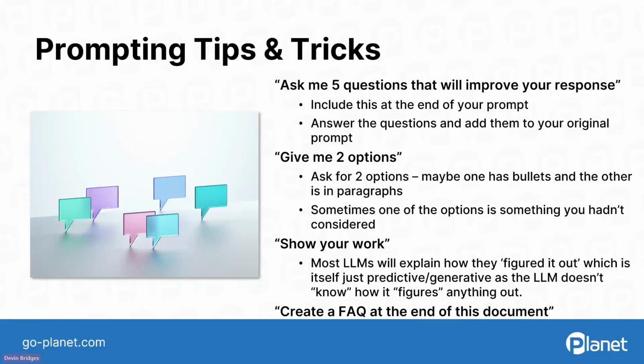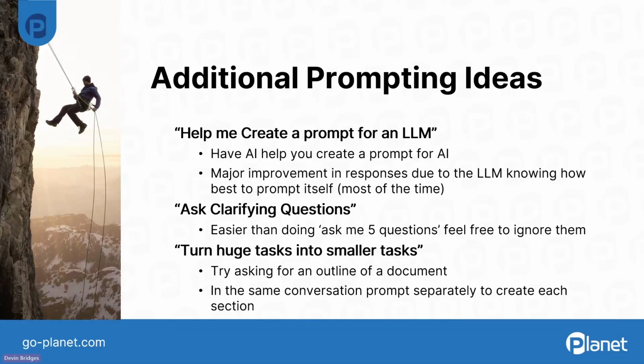Create a frequently asked questions at the end of this document. Do that too. Some other prompting ideas: you can use meta prompting to improve how you ask, like create a prompt for an LLM. You can ask clarifying questions and then turn huge tasks into smaller tasks too.